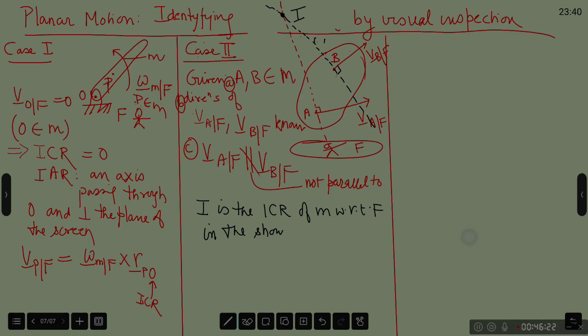And IAR will be a line perpendicular to this plane and passing through I, the ICR that I have located.